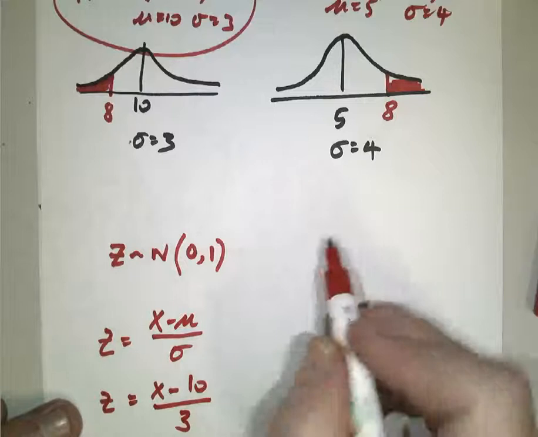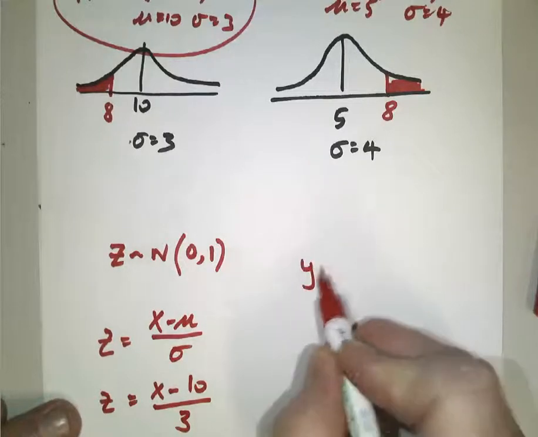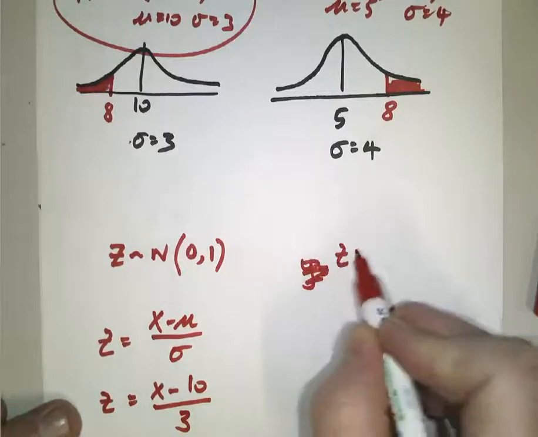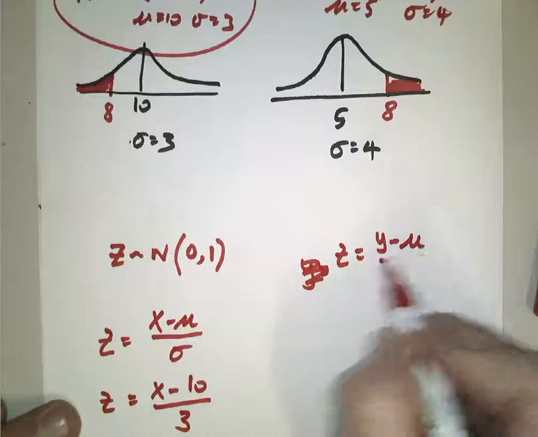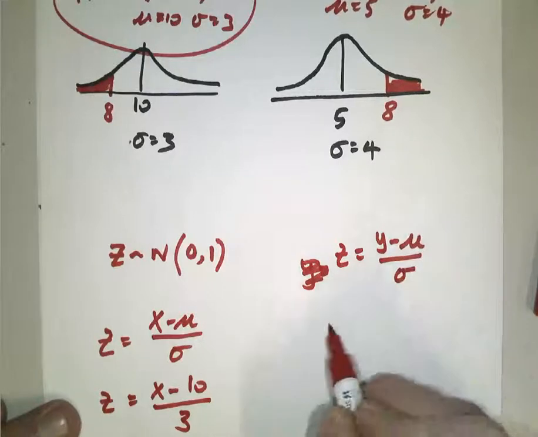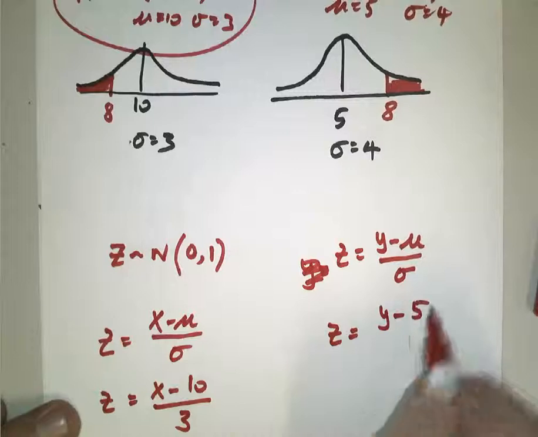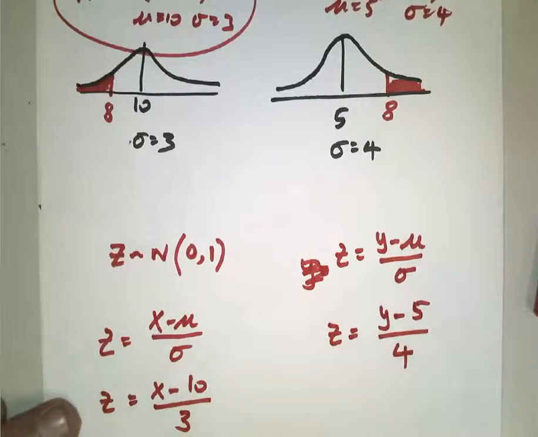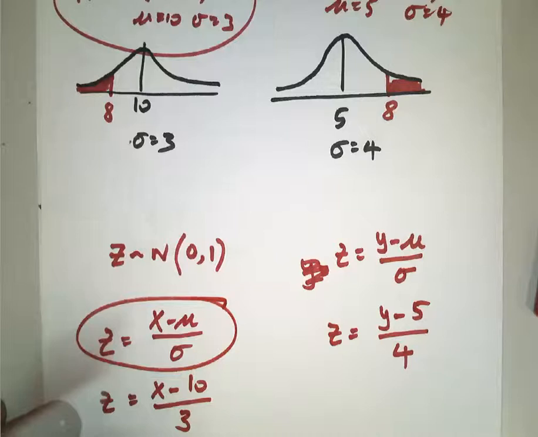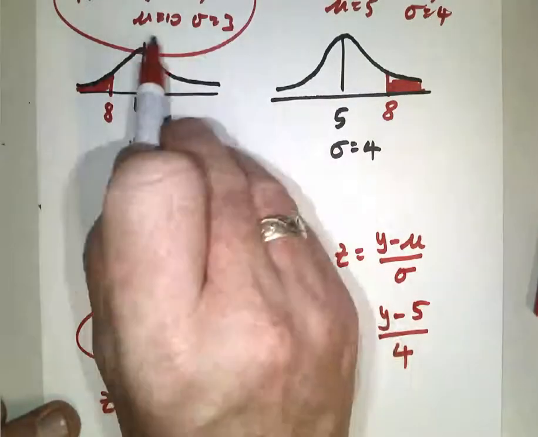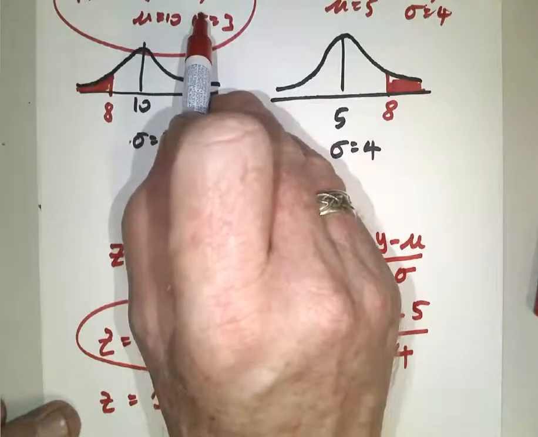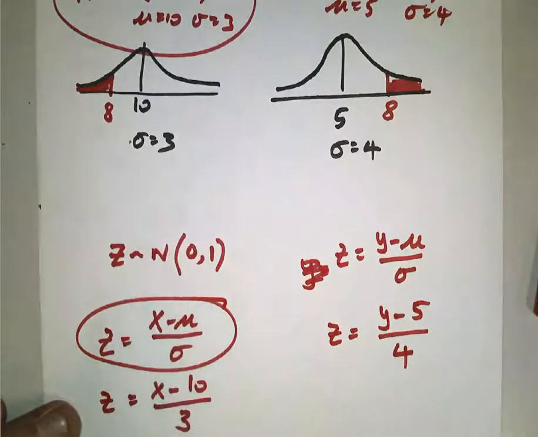And in this particular case, Z would equal Y minus its mean divided by its standard deviation, which means Z will equal Y minus 5 divided by 4. That's how I use the rule to change something that has a mean and standard deviation different to Z into a Z-score.